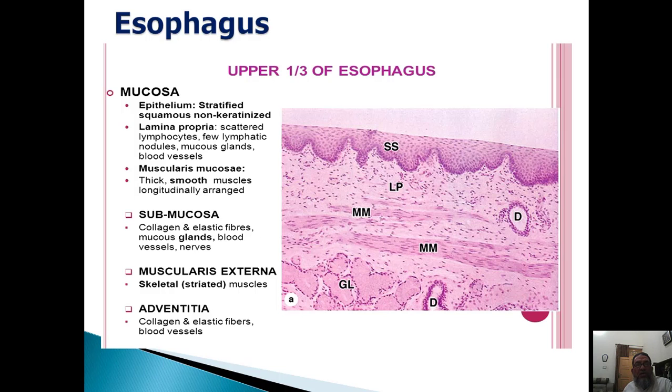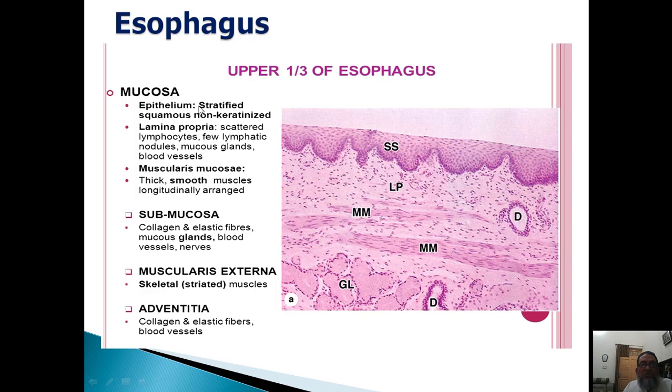Now we come to the esophagus, the proper tube of the GIT. The upper one third of the esophagus consists of mucosa, submucosa, muscularis externa, and adventitia.